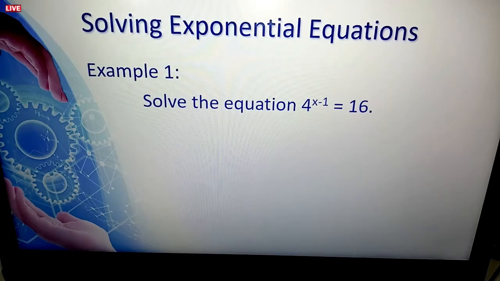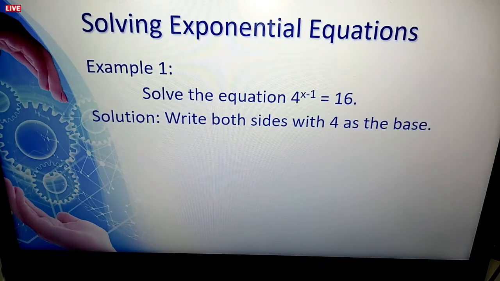Example 1. Solve the equation 4 raised to x minus 1 equals 16. That is one example of an exponential equation. Step-by-step procedure: first, write both sides with 4 as the base.